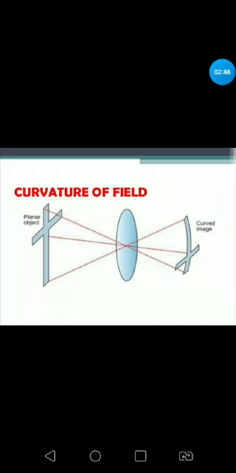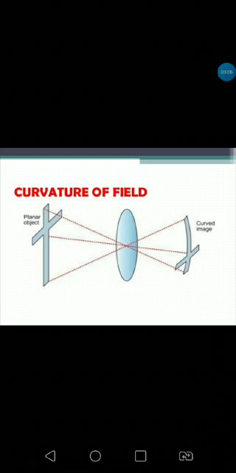Now this is also a diagram related to the curvature of field. As shown in the figure, the left side is a planar object, but on the right side of the lens, the image is found to be a curved shape.